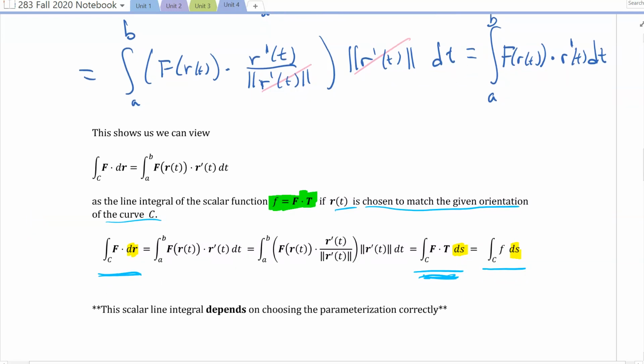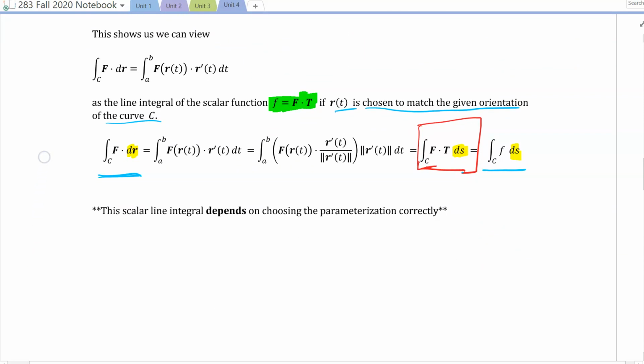And that just helps us to understand this notation behind this line integral here, where we have F dot T ds. Again, the ds part means we're taking the line integral with respect to arc length. Just a couple more things to note going forward.